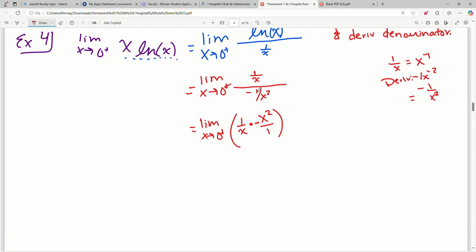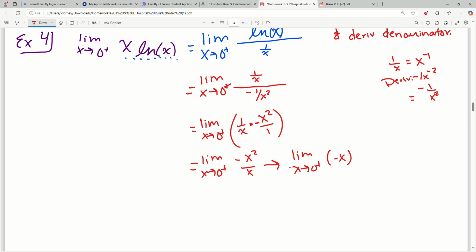All I did was take that division and multiply by the reciprocal, and so that becomes negative x squared over x, which is just negative x.